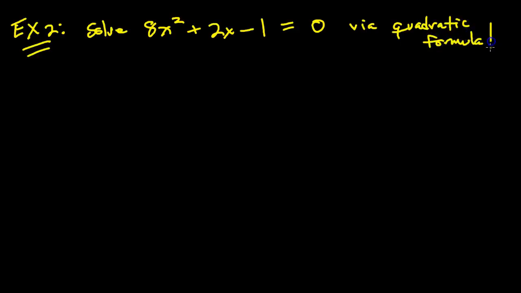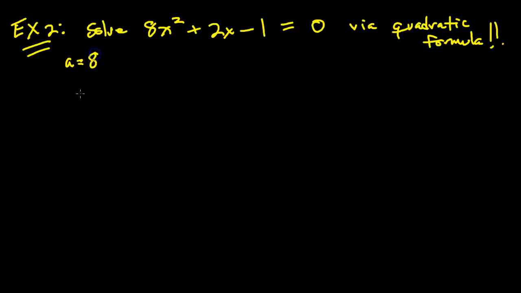Quadratic formula always works even when the expression on the left-hand side in standard form does not factor. First thing, make sure it's in standard form. Terms are arranged in decreasing degree on the left and equals 0 on the right.